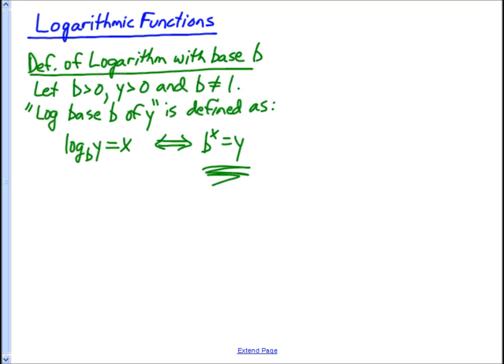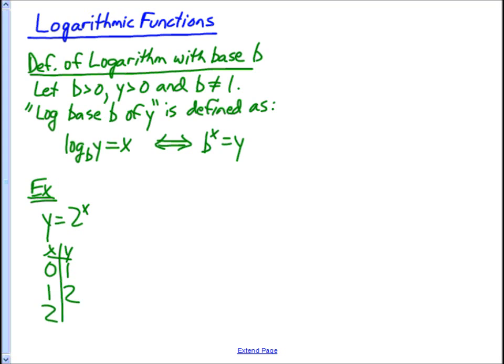Let's look at an exponential function and then its inverse, the log, and maybe you'll have an idea about where this comes from. Let's say you have y equals 2 to the x. If you pick x to be 0, 2 to the 0 is 1. If x is 1, 2 to the 1 is 2. If x is 2, 2 squared is 4.